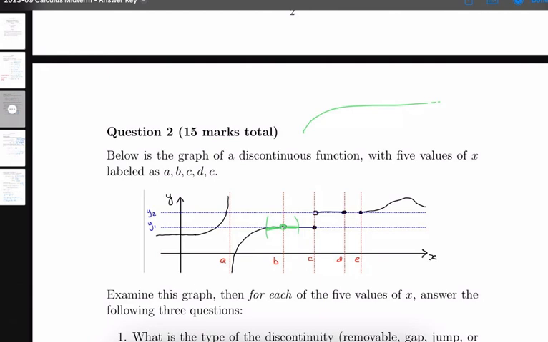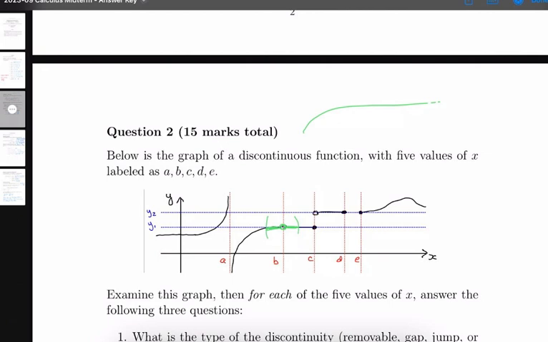But when I checked, I think gap is actually the same as removable. So removable and gap are the same. There's a gap in the function. You get here, you just have this gap, and then we continue. So gap has a sense of being smaller than jump.